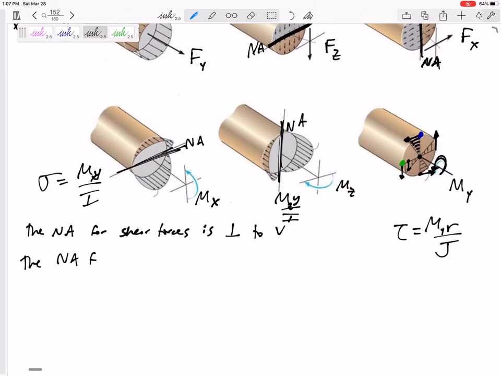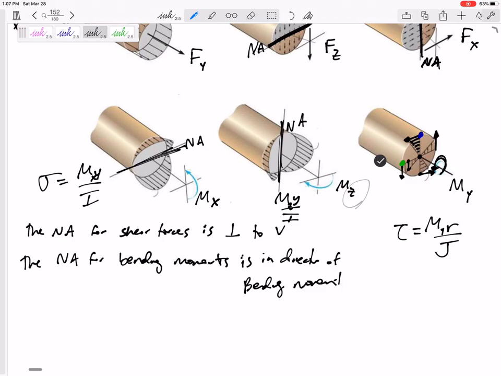The neutral axis for bending moments is in the direction of the bending moment. Do you see that? The Z bending moment has the Z axis as the neutral axis. The X bending moment, the X axis is the neutral axis.